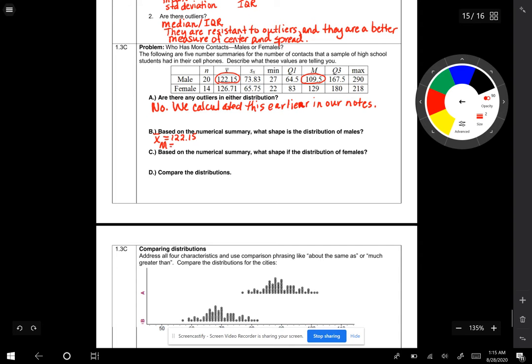Median, capital M, is 109.5. Since the mean is greater than the median, this is a right skewed distribution.